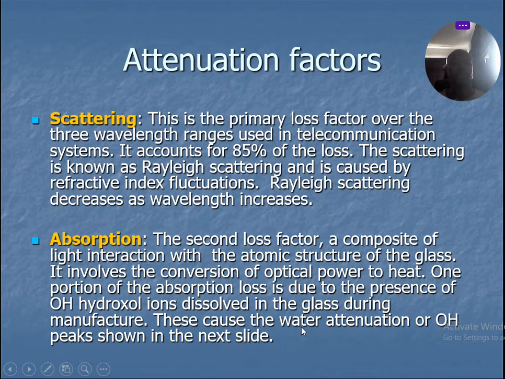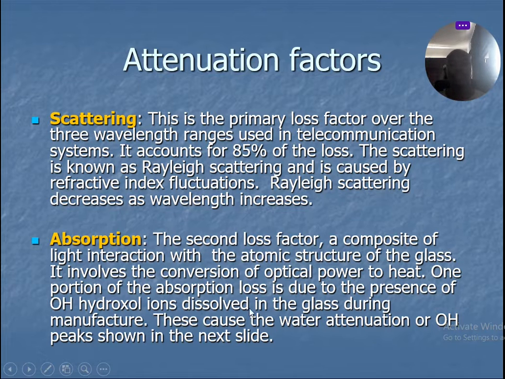One portion of the absorption loss is due to the presence of OH, in chemistry now, OH ions, hydroxyl ions, that are dissolved in the glass during the manufacturing process. When we are manufacturing glass, we dissolve OH ions with other constituent components that are actually used for making the glass.